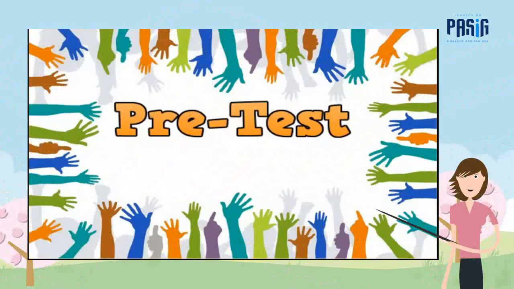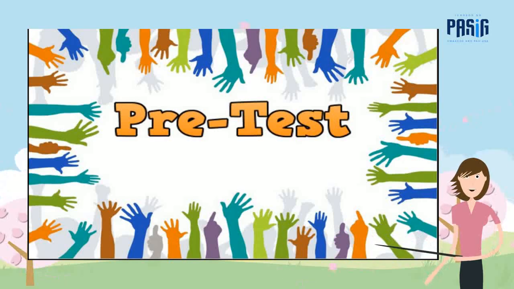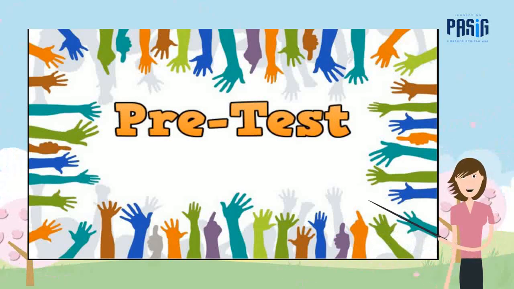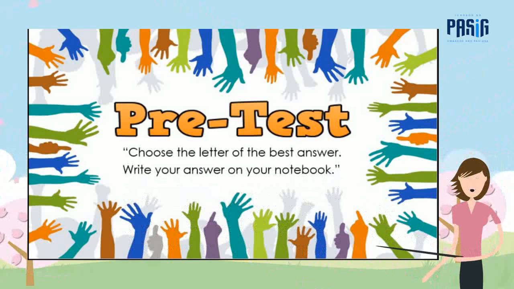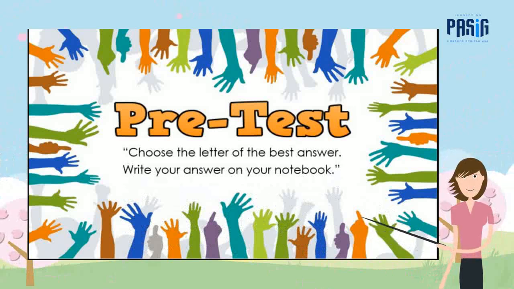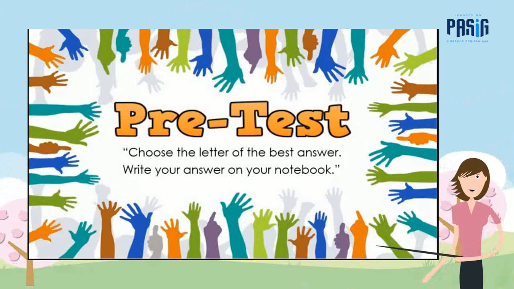But before that, let's have first our pretest. This is to measure your prior knowledge about today's lesson. Choose the letter of the best answer. You have 5 seconds to answer and write it on your notebook. Are you ready?